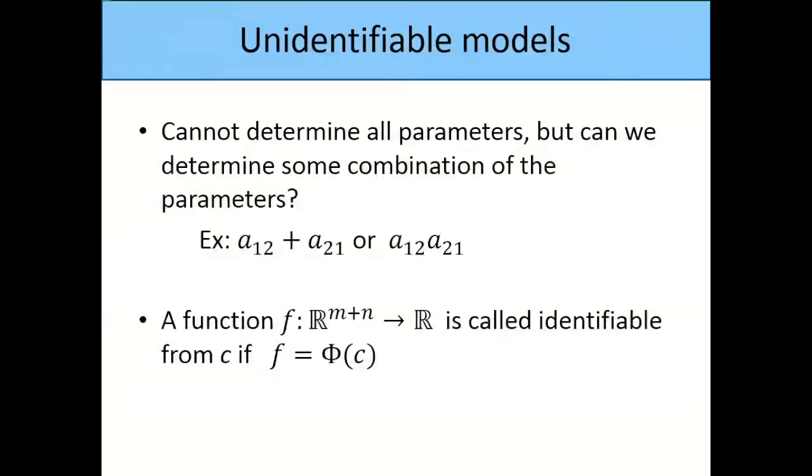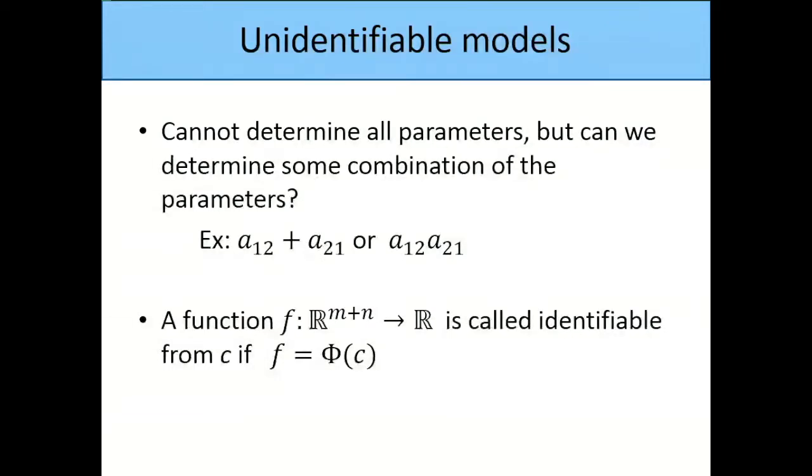Alternatively, a function is identifiable if it can be written as a function of my coefficients. The intuition is that if our coefficients can be determined from input-output data, then some function of those coefficients can also be determined. Thus, they are identifiable.